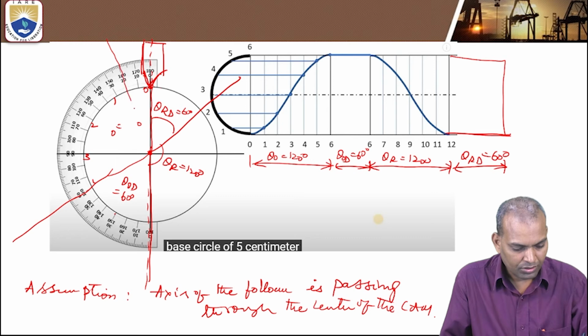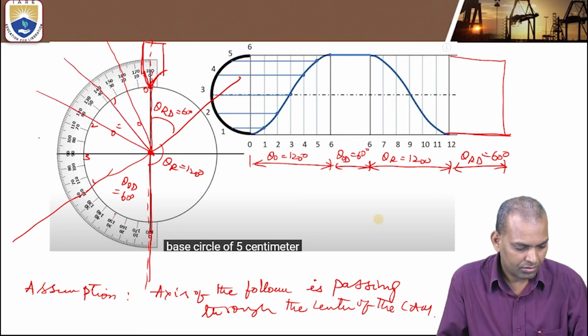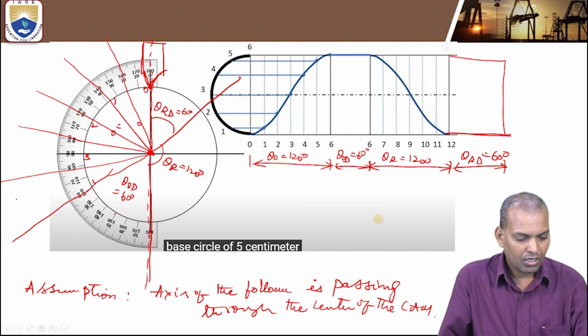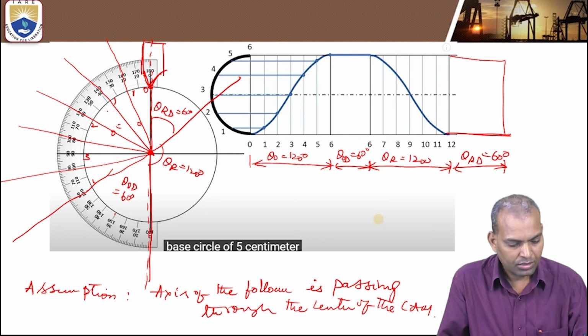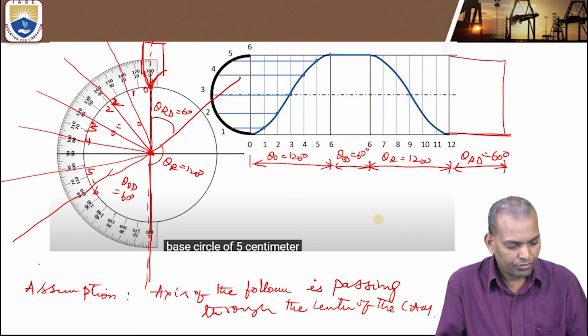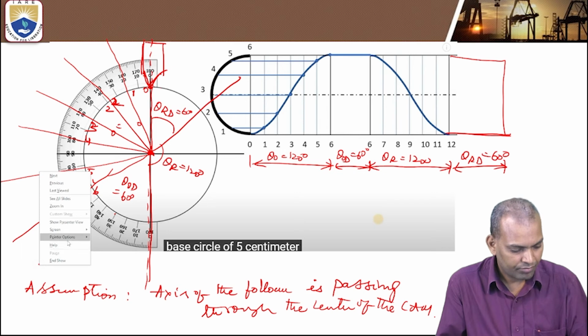This is 20, then 80, 80 plus 100, 120. How many lines are there? This is 0, 1, 2, 3, 4, 5 and 6. Now mark these points.